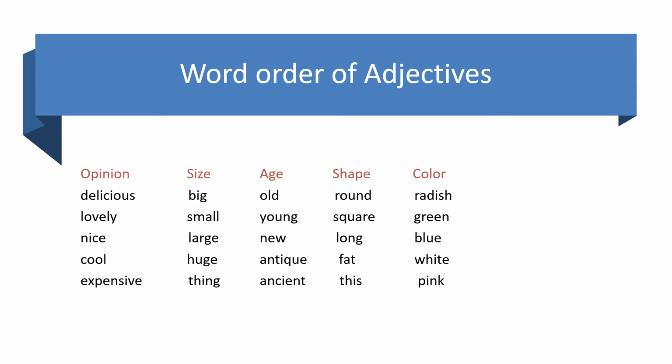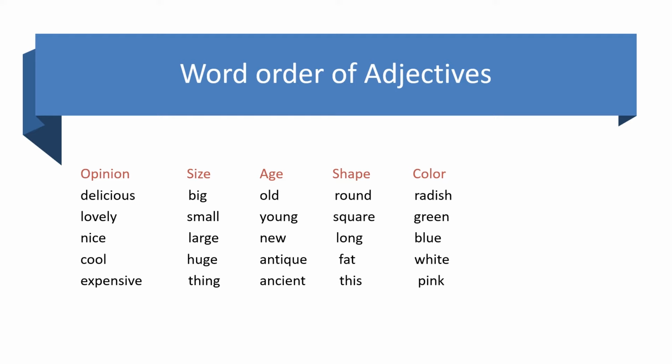Moving on to the last example, expensive, opinion, thick, size, ancient, age, thin, shape and pink, color. So you can see from these examples that this is the order you will be using when you will be using these adjectives in a sentence. Firstly opinion, then size, then age and shape and at last color.